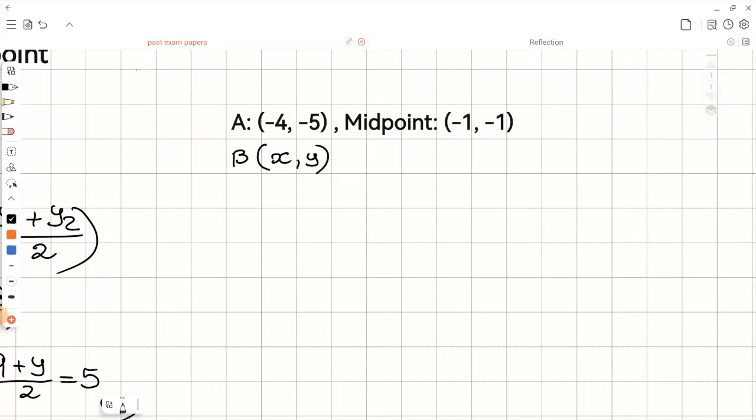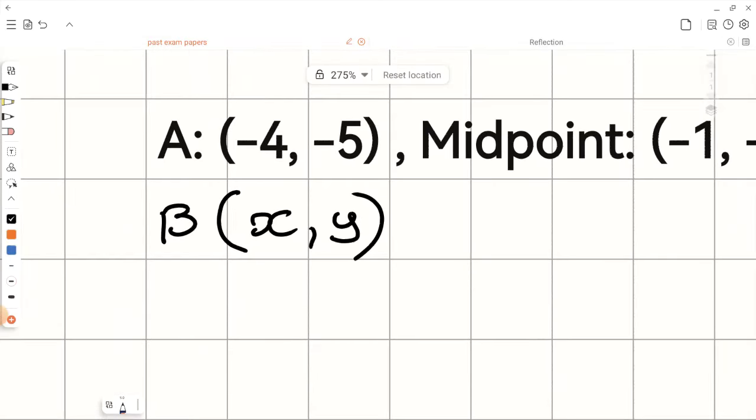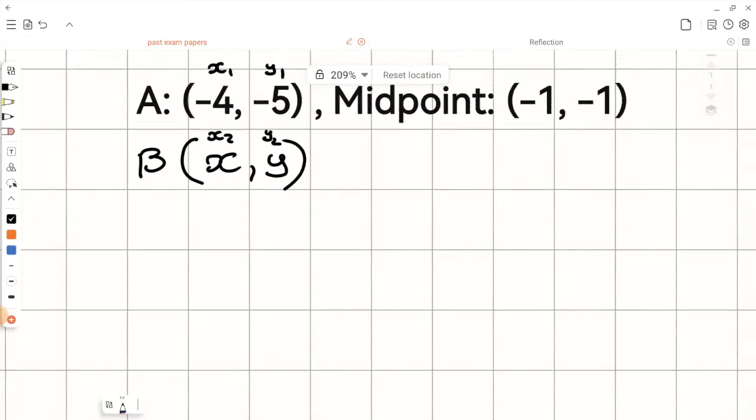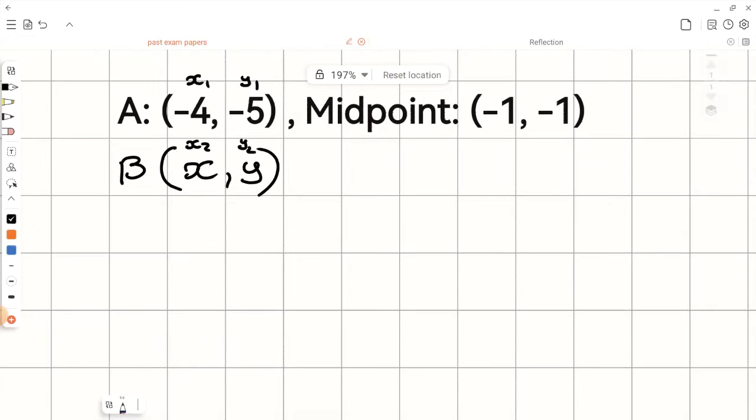Now, to find the coordinates of point B, let's first label the coordinates of A and B. This is x1, y1, and the coordinates of point B, let's label with x2 and y2. Now let's take these values and plug them into the formula of a midpoint.